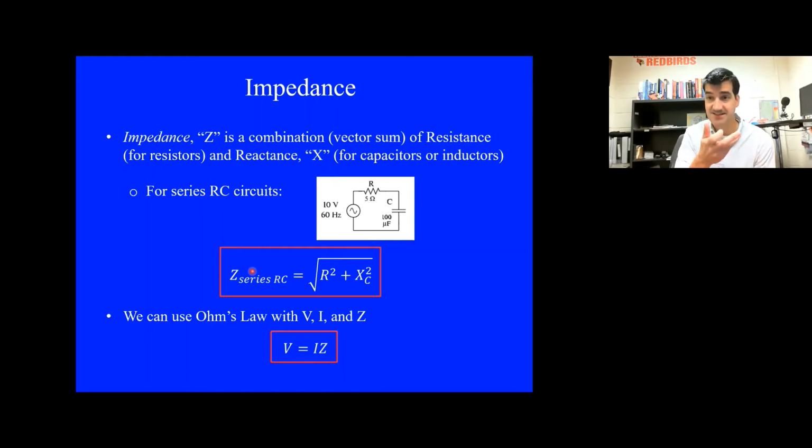I want c, the hypotenuse. So to find c, I take the square root of a squared plus b squared in the Pythagorean theorem. That gets me the impedance: Z equals the square root of the sum of a squared, which is the resistance, plus b squared, which is the reactance. So this is your equation for a series RC circuit to find the impedance, and we can use Ohm's law, V equals IZ.